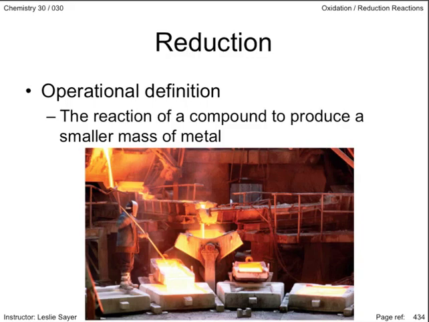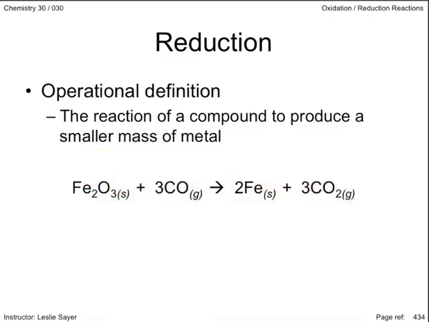When metal is extracted from ore, the mass of the metal is less than the mined ore. Historically, a reduction in the amount of mass like this earned it the label reduction. Iron 3 oxide, or hematite, is reacted with carbon monoxide to form iron metal and carbon dioxide.